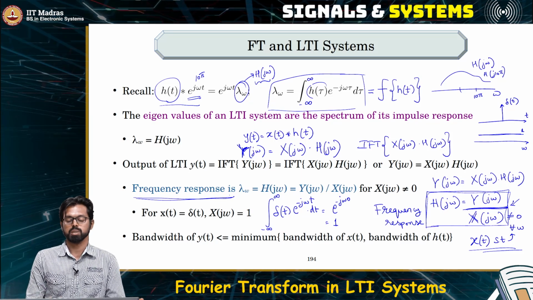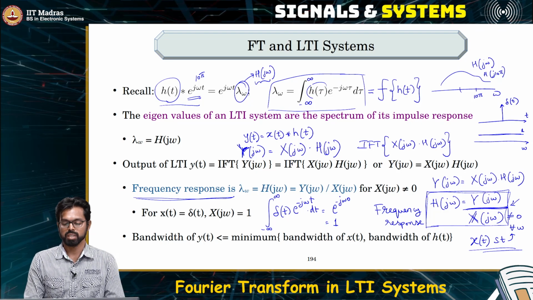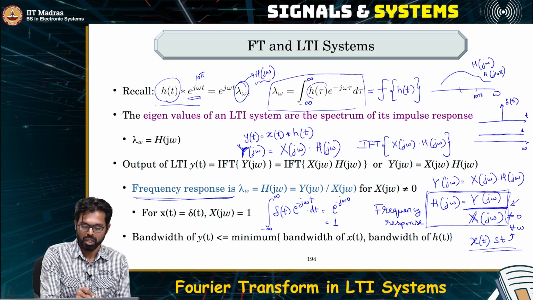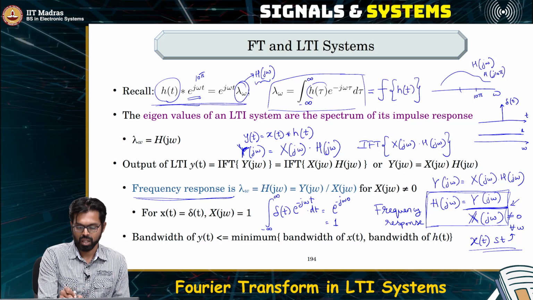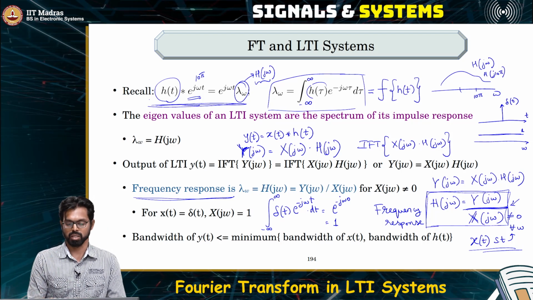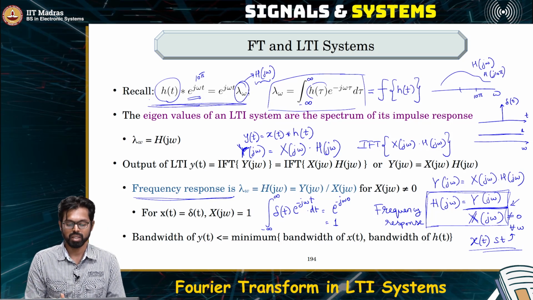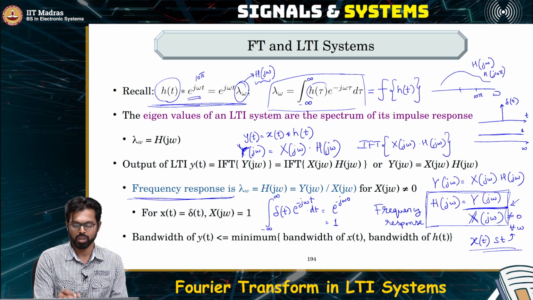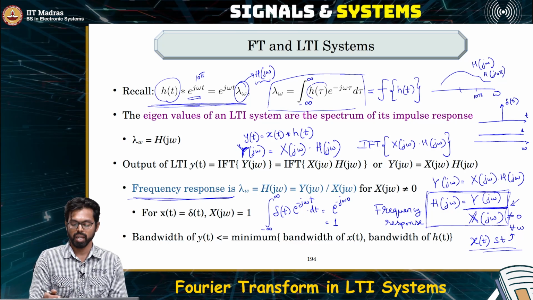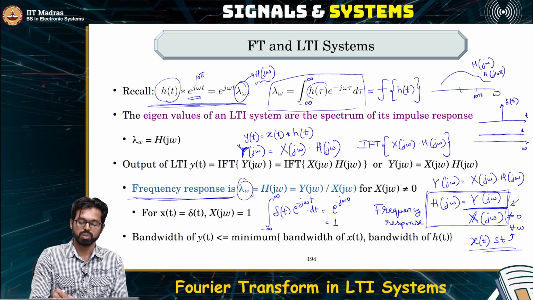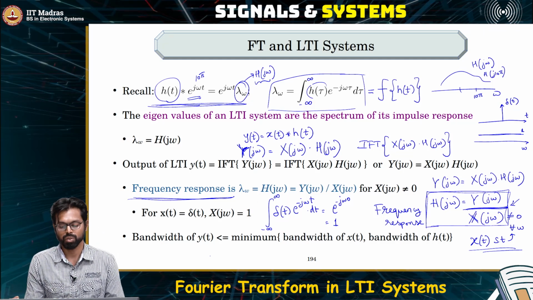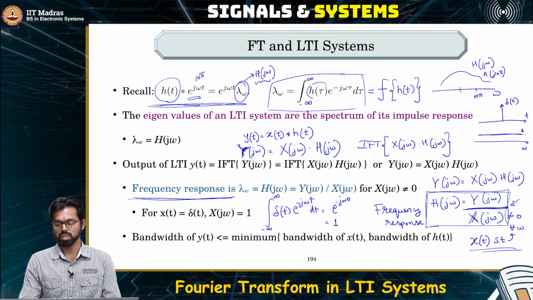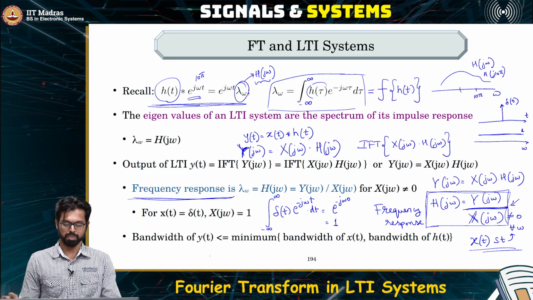But a frequency response makes sense only if it is an LTI system, because first of all, the phasors are eigenfunctions of only LTI systems. Only because of phasors, we are defining this notion of frequency response, which is nothing but the eigenvalue of a particular phasor. So, frequency response gets defined only for LTI systems, whereas impulse response exists for any systems.